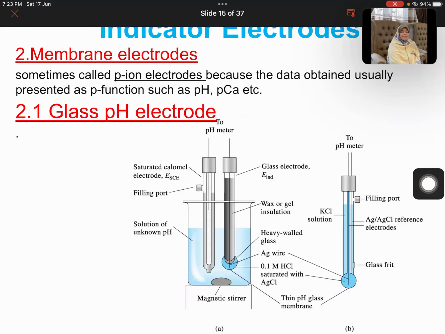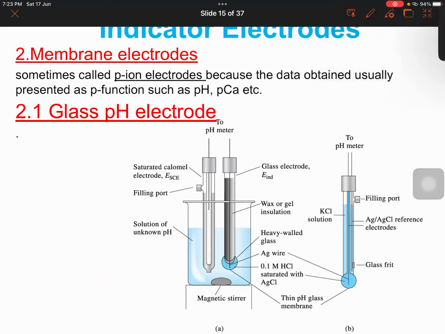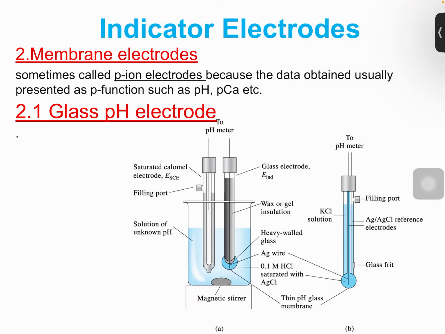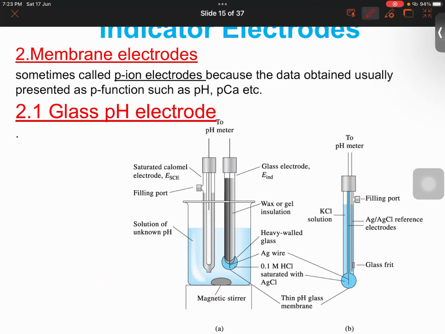Membrane electrodes. This is another example of working or indicator electrodes. It is called membrane electrodes, and this is quite common, especially in the lab. We are using this for pH meter.